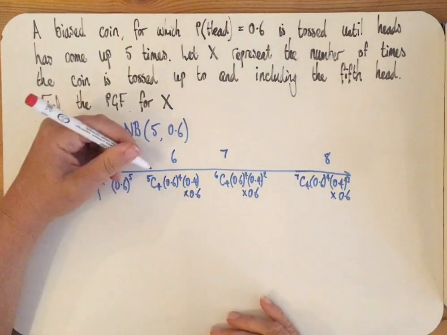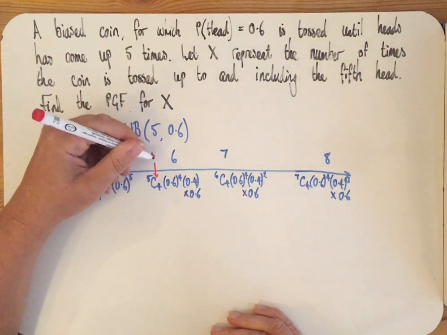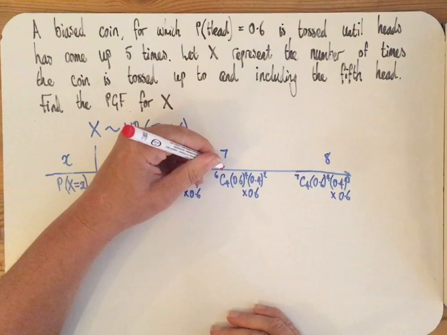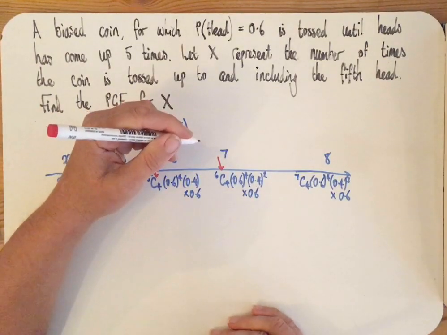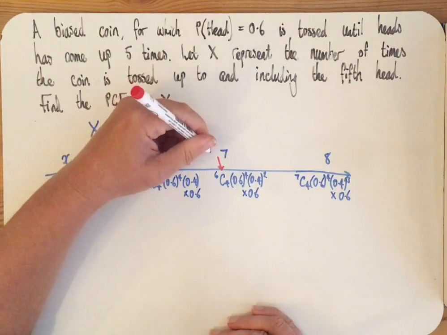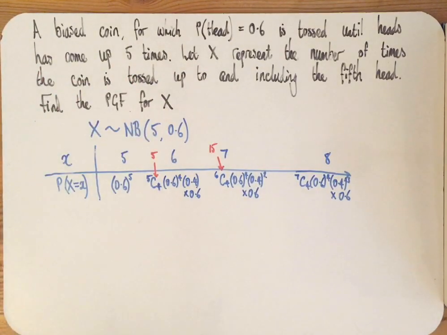Obviously these are numbers, so 5 choose 4 is 5, 6 choose 4 is 15, I believe. Yeah. And 7 choose 4. I'm going to have to pop through my calculator. No, I can't find it.